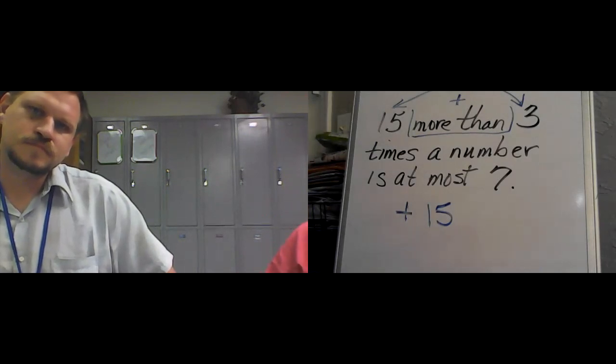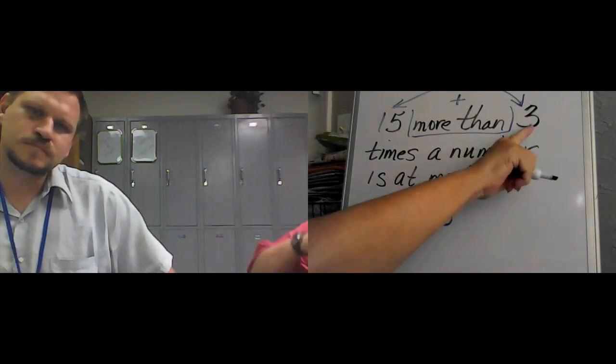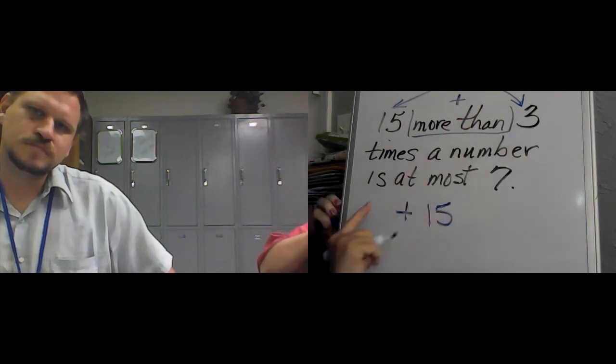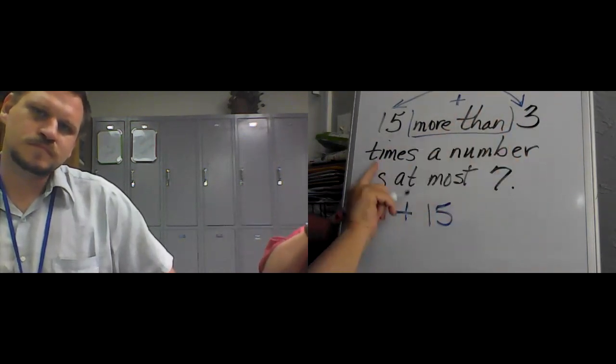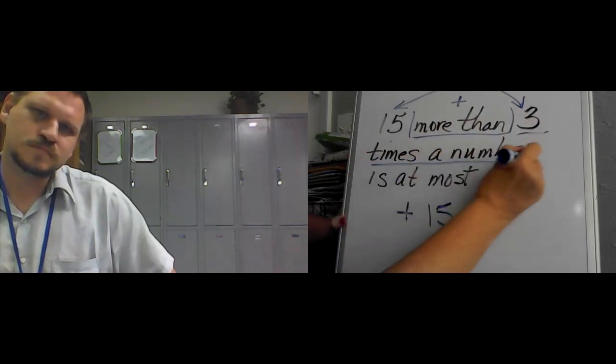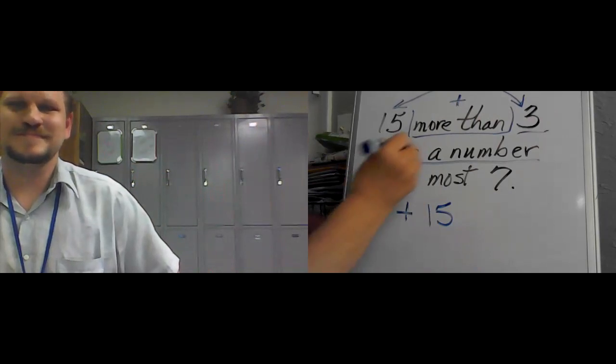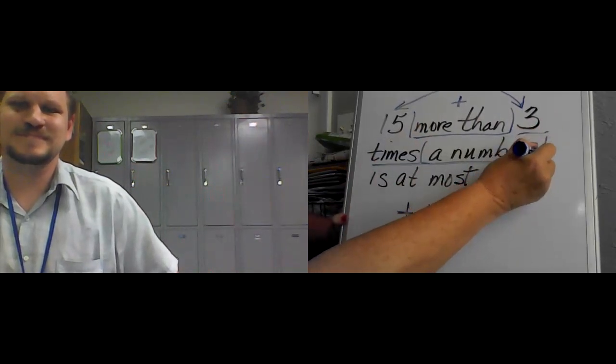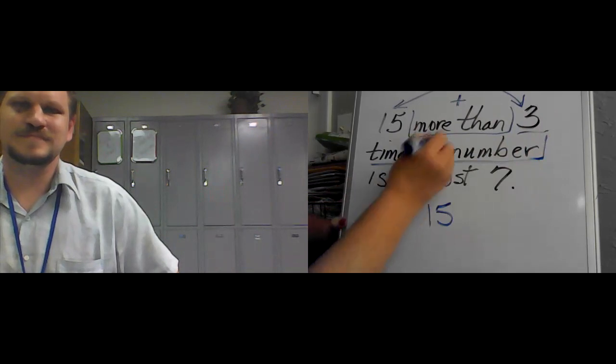Okay. Now, it's not just 3 that we're going to put here. It's 3 times a number. Now, when they say a number, since we don't know what this number is, we're just going to call it a variable. X is what we're used to, right?